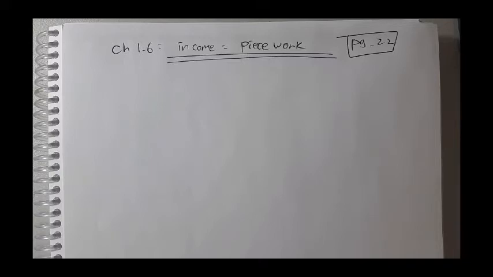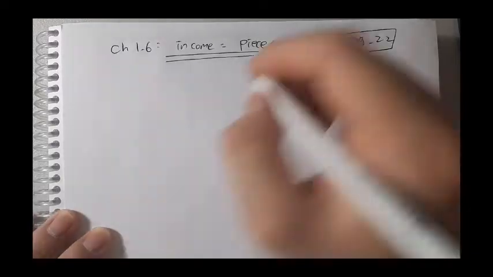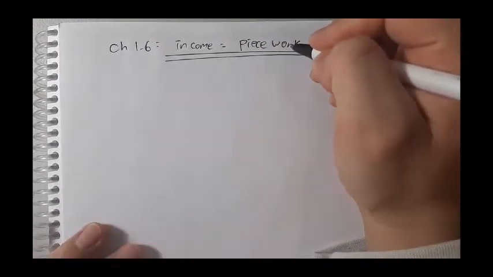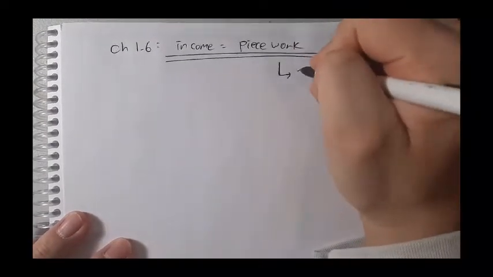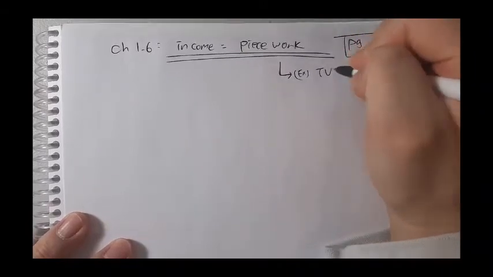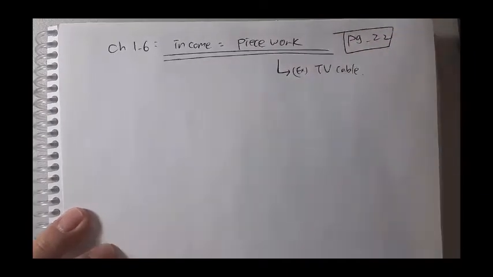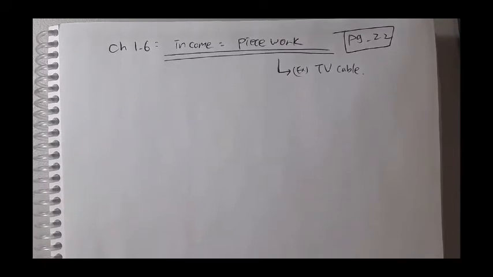Chapter 1.6, unlike commission situations, piecework does involve how much construction you do, like for example, TV cable setup. It is a more direct and straightforward type of work.